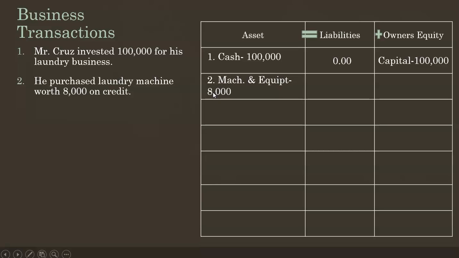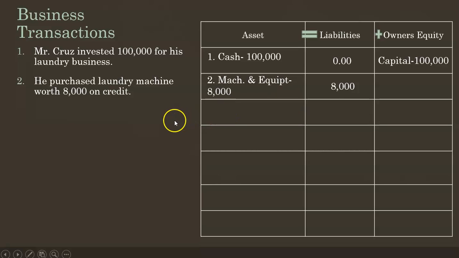How did he acquire the washing machine? Is it cash or on account or on credit? It is on credit. Meaning to say, liabilities increased. In this transaction number 2, assets increased and liabilities increased. 8,000 is equal to 8,000.